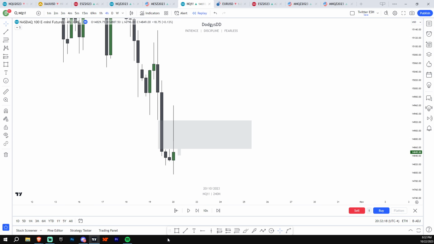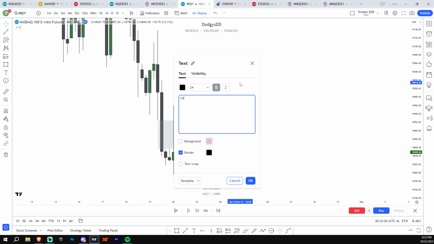Okay, I'm going to write that down. I'm looking for these bullish moves, with speed usually, to be created in higher time frame bearish PD arrays.